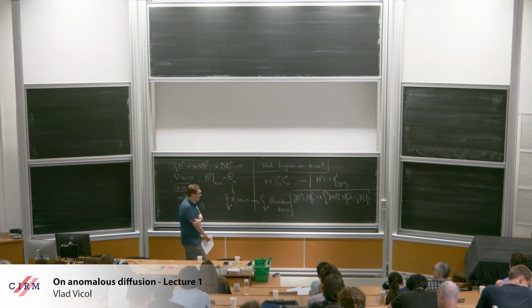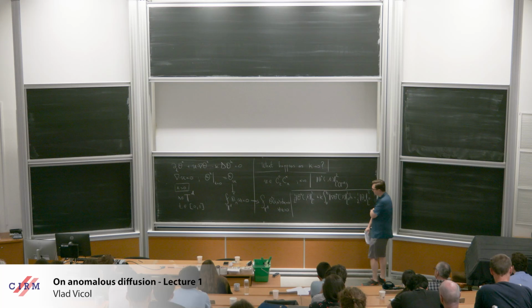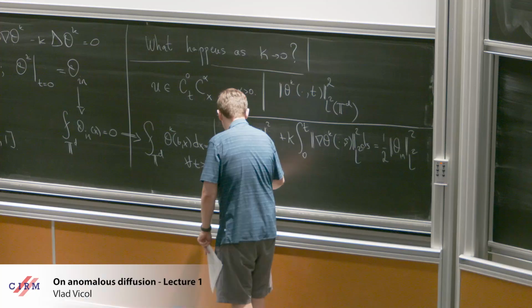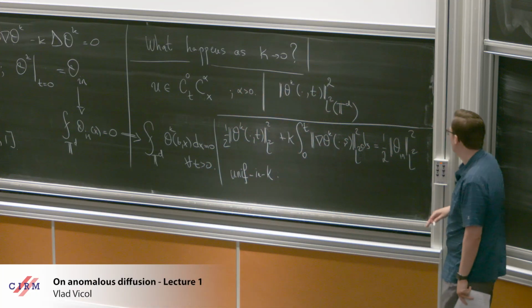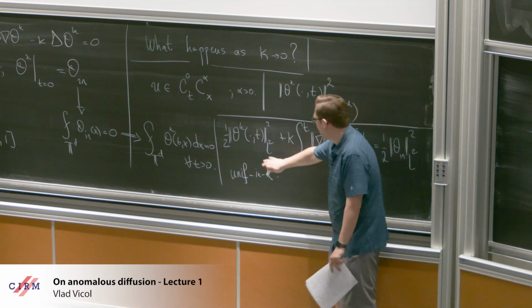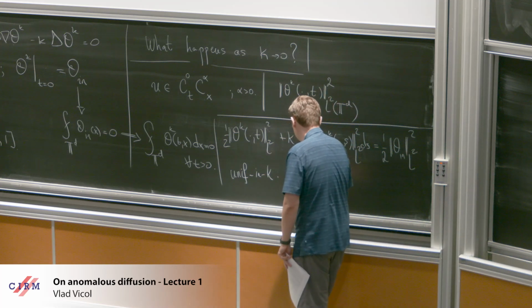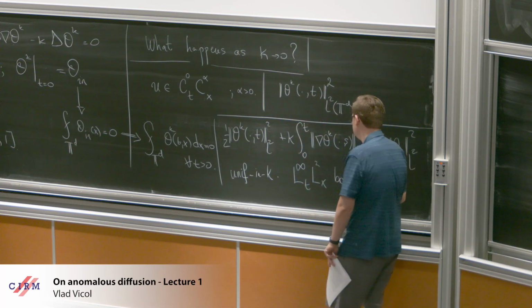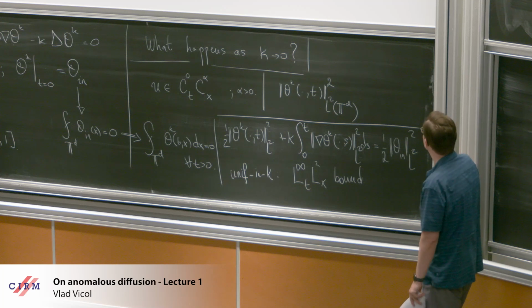So this is not the only a priori estimate, but it's the one that we're going to rely on. So in particular, uniform in kappa, the only estimate that you get from here is something which is L infinity in time with values in L2. And that's pretty much it for this one.